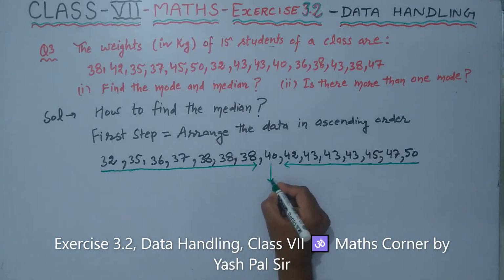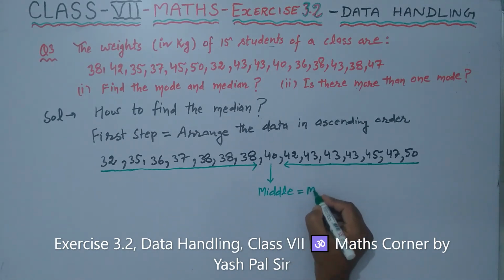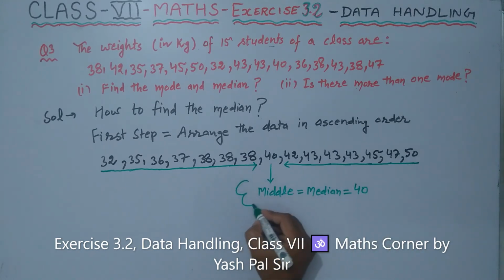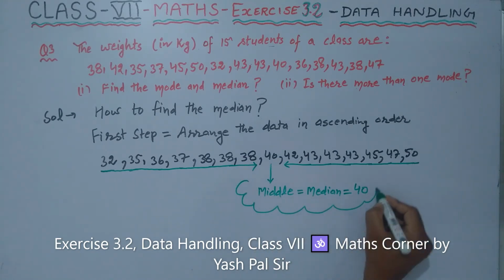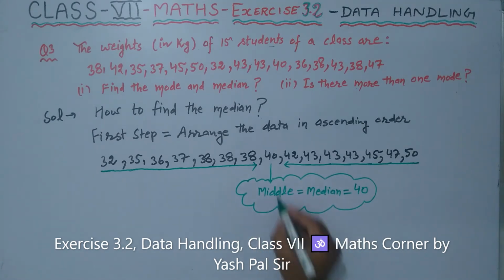This is the middle term, and this is called median. And what is the median now? 40. So 40 is the median. Okay, so this way we have got the answer for median.